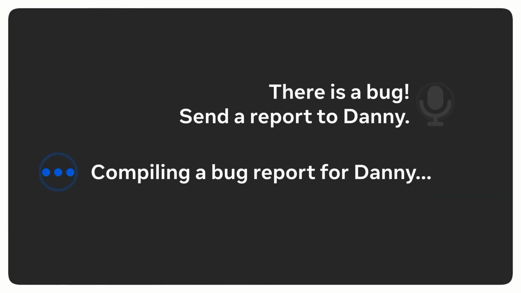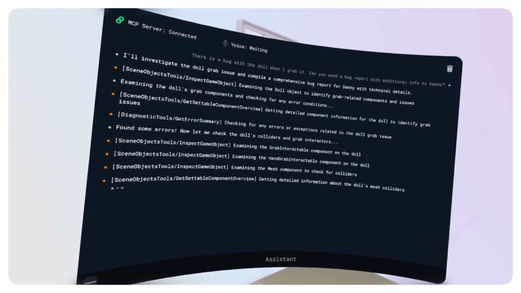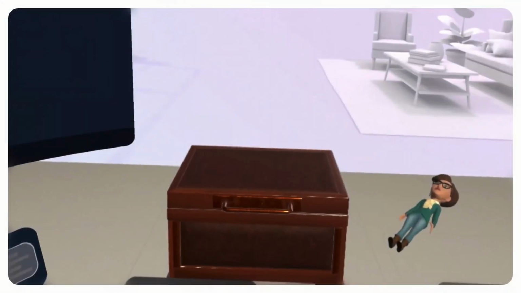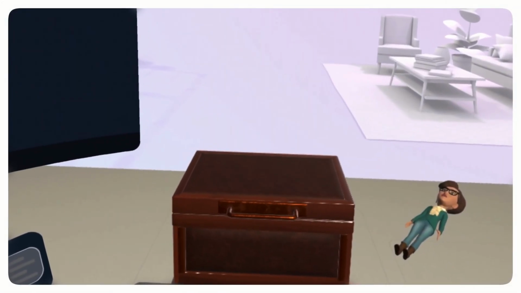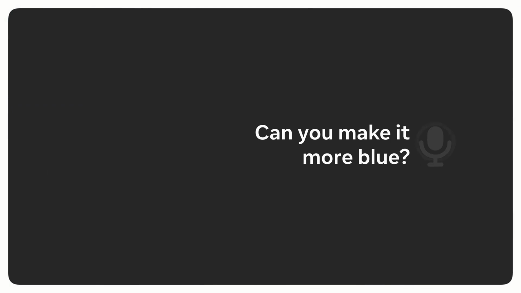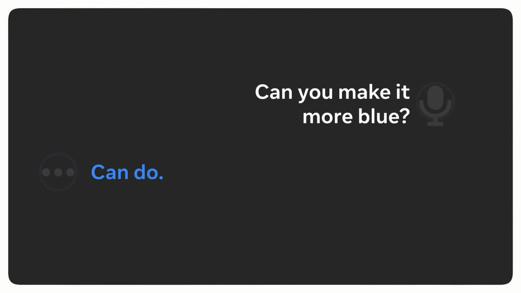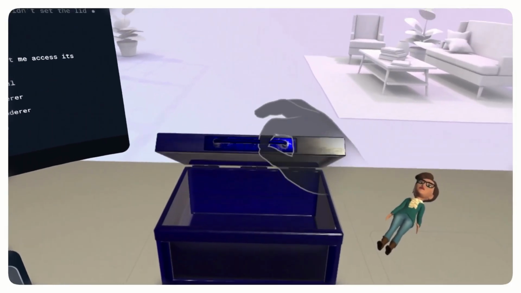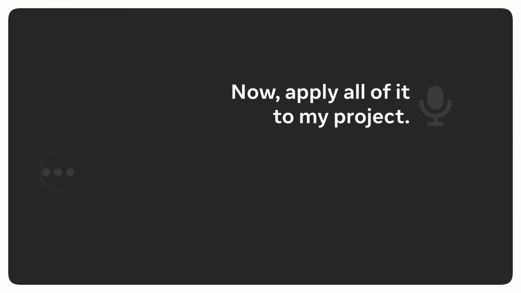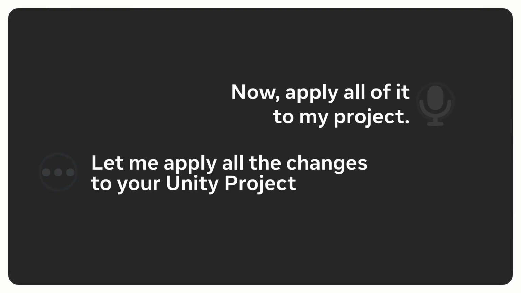Let's compile a bug report and send it to the relevant person. It knows all the context, and it's very good at structuring thoughts and structuring data. Now, if somebody else asks me to change something, change the color, make it more blue, same, it can do it. Here we go.